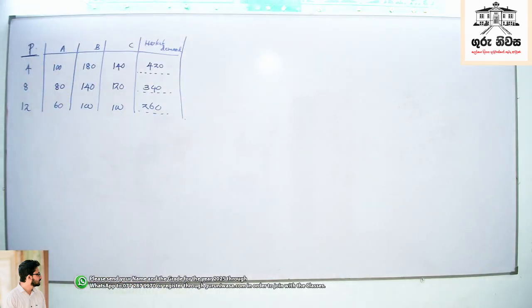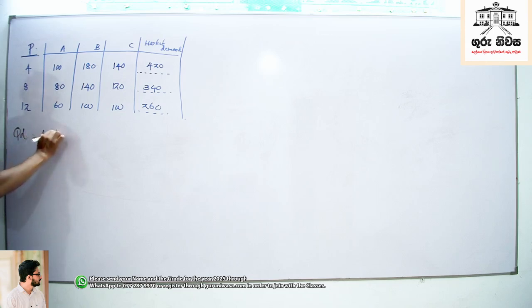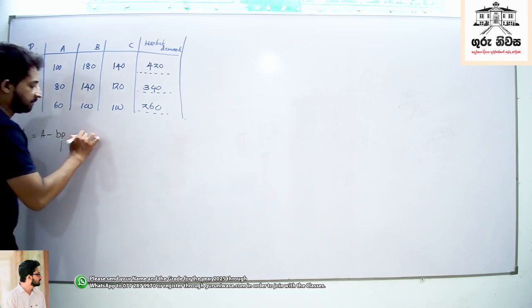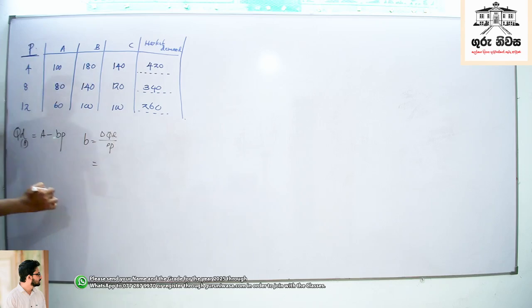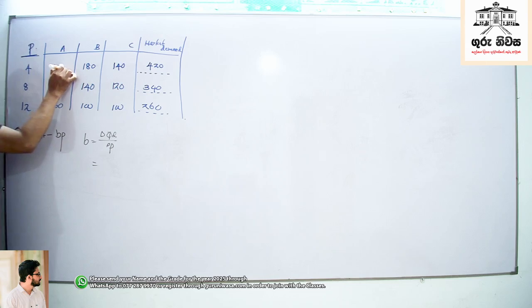This is A's demand curve. QD equals A minus BP. Calculate B first. B equals delta QD over delta P. You can calculate the change in QD of person A. When price goes up from 4 to 8, delta P is 4 rupees.